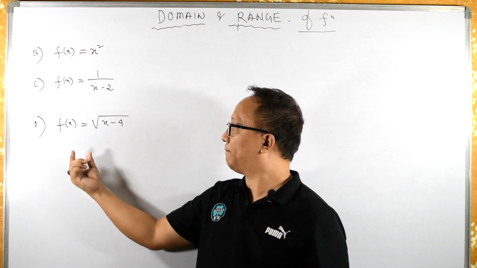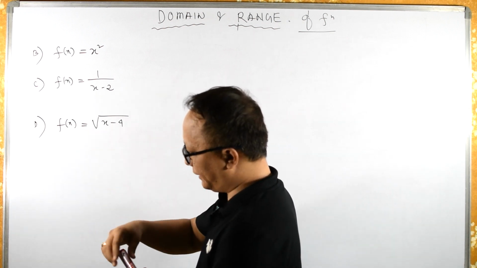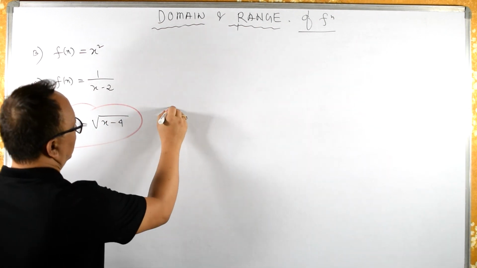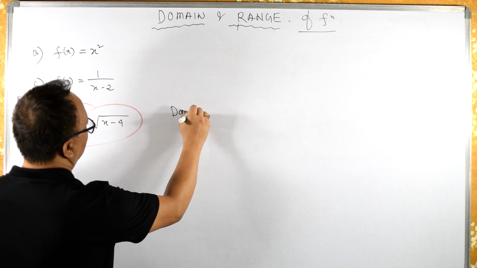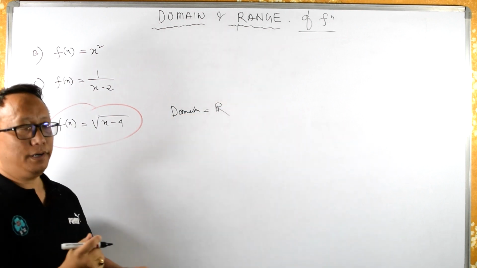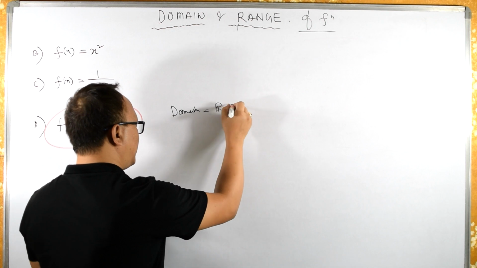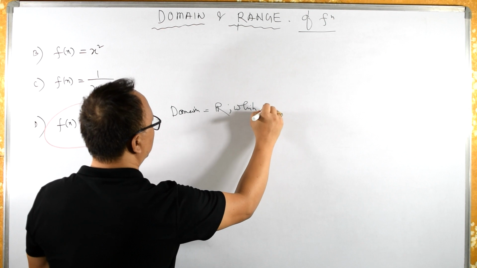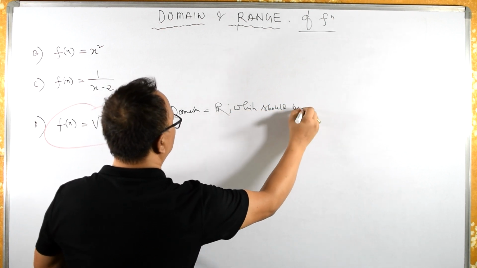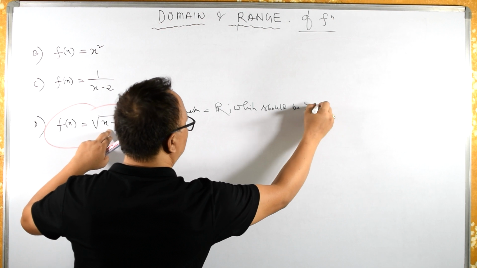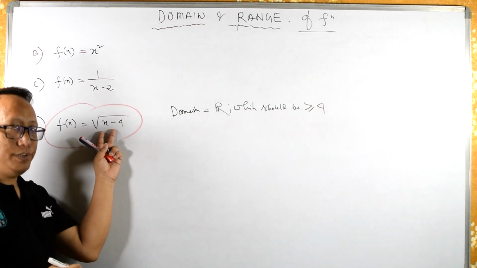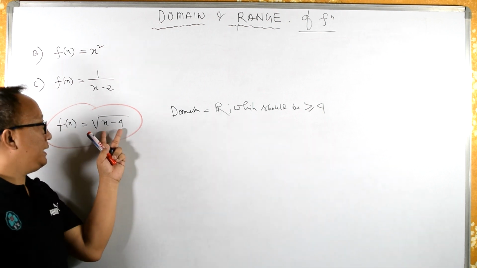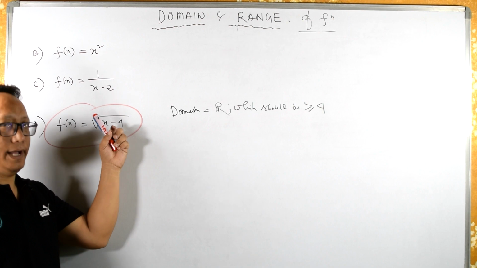Therefore, the domain is the set of all real numbers which are greater than or equal to 4. You cannot take a number which is less than 4. If you take a number less than 4, then it becomes an imaginary number, a complex number.